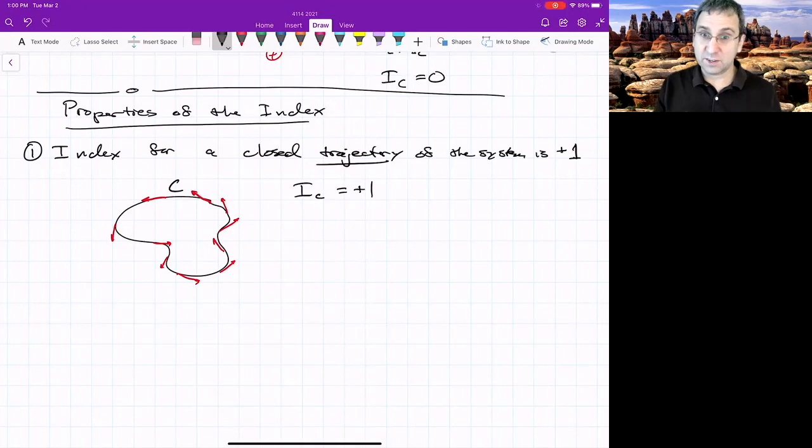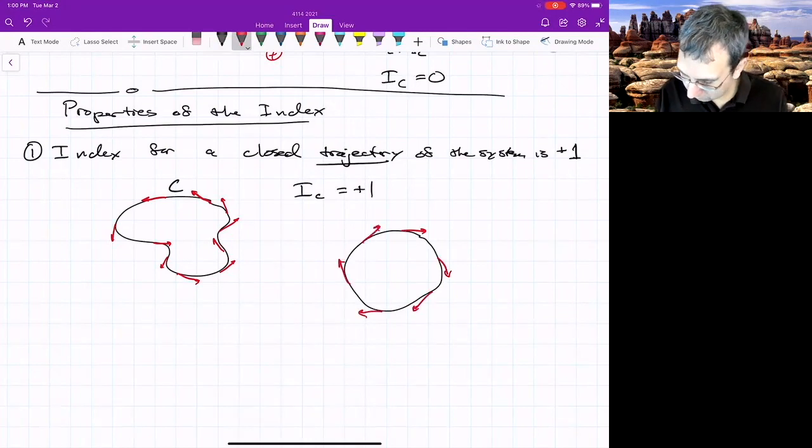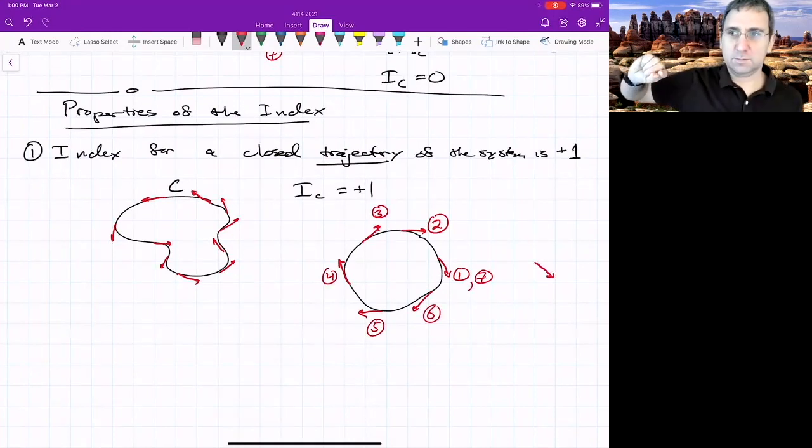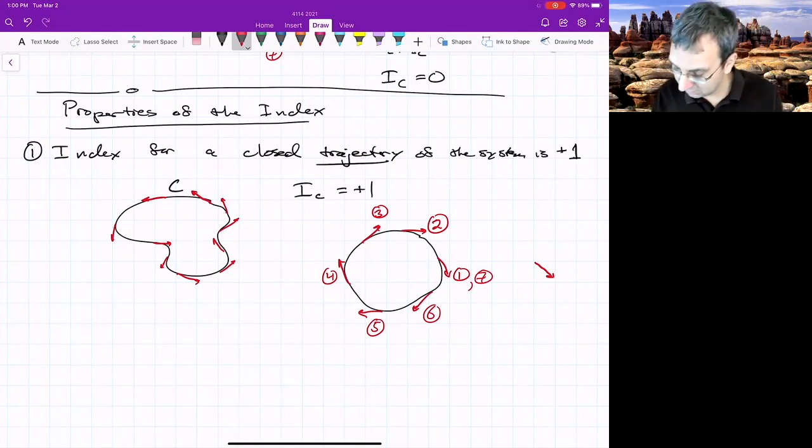Now, if I reversed the arrows, so here's another thing, and maybe I'll draw the arrows going this way. And maybe it's easier to do it if we label it. This is a trajectory that's periodic, but it's going in the clockwise sense. However, for index theory, we need to traverse in the counterclockwise sense.